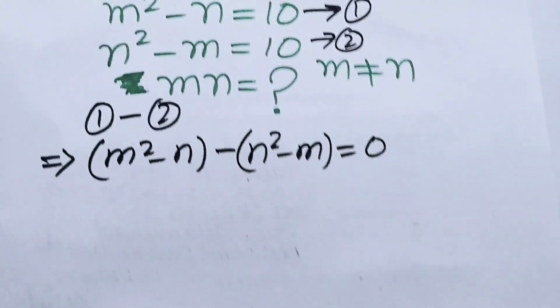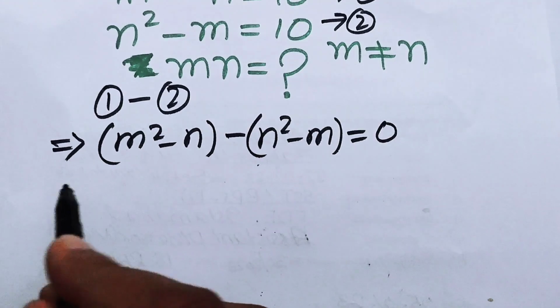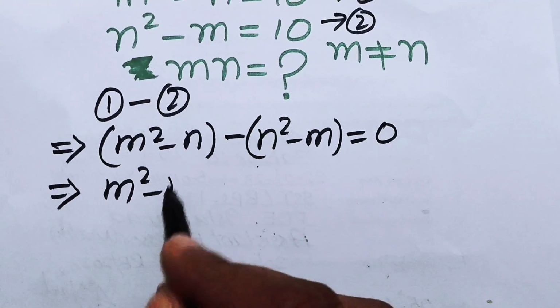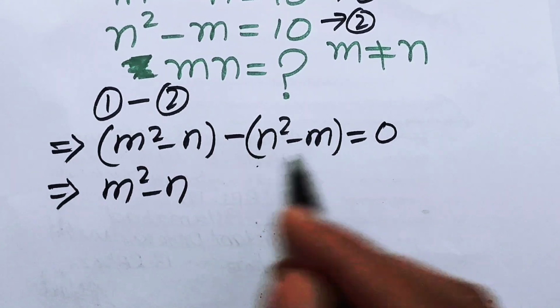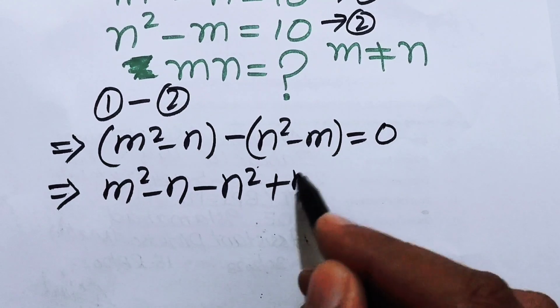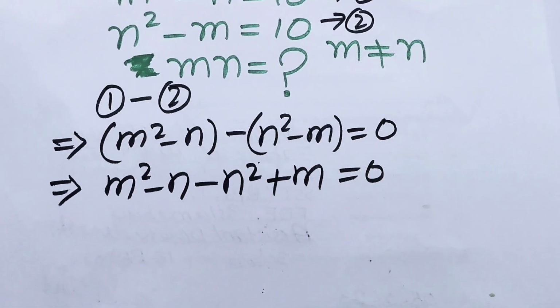Now we simplify the terms. First we write m square minus n, and we multiply the minus sign on both of the terms in the bracket, and you get minus n square plus m equals to 0.